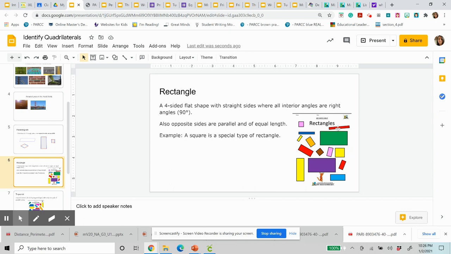They can be thin, they can be wide, they can be tilted in any direction. They just have to have four sides. The opposite sides have to be the same length, which we've been talking about all week. They do have parallel lines. So I don't think a rectangle is going to be a difficult one.